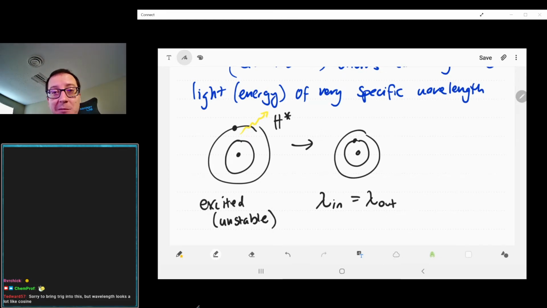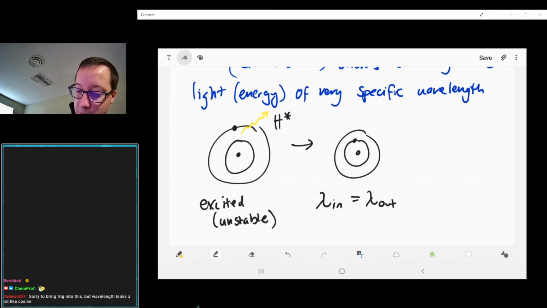We're going to see that sometimes fun things happen. There are other ways that we can remove energy from an electron, but one way to do it is just to spit out your photon again. So your light came in, excited the atom, it hung around in an excited state for a little bit, and then it spat the energy out again, and the electron went back towards the nucleus, back to a lower energy level.